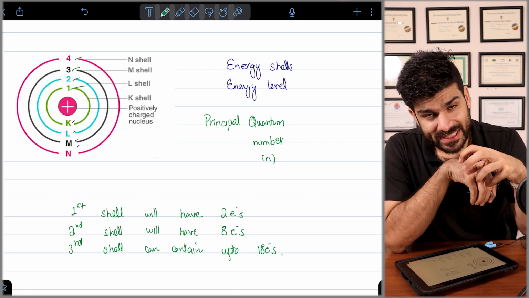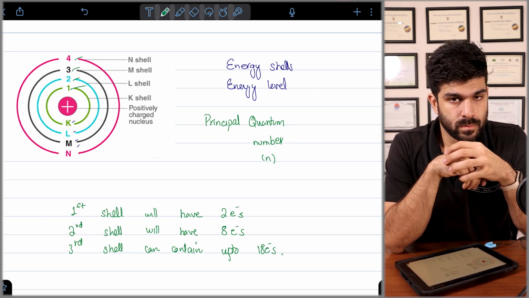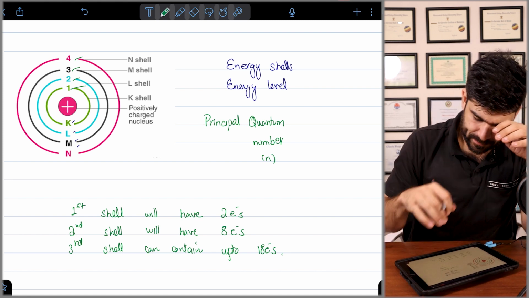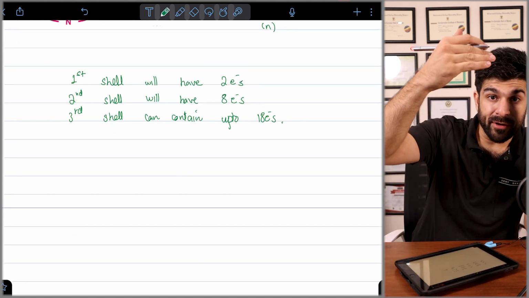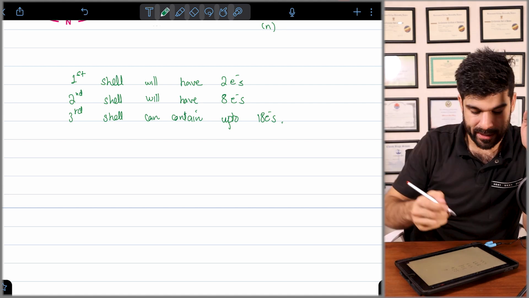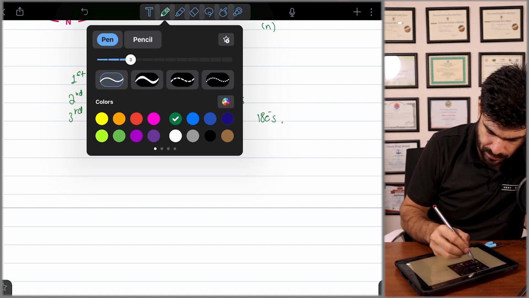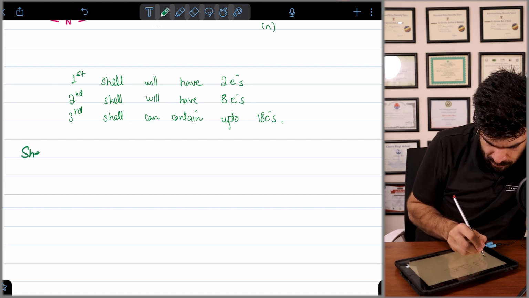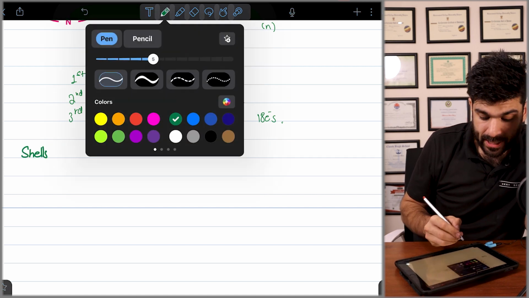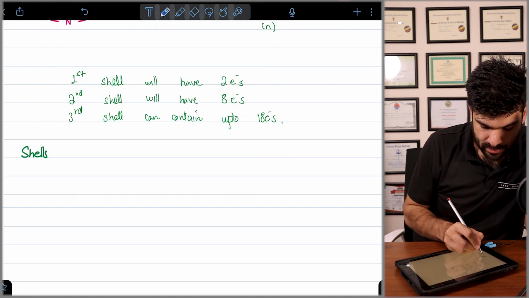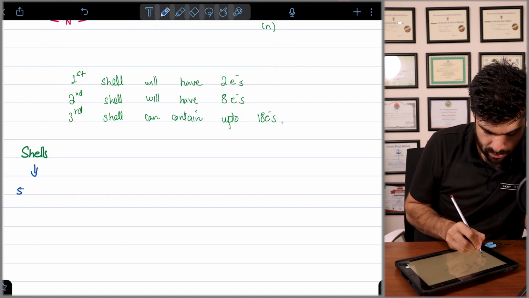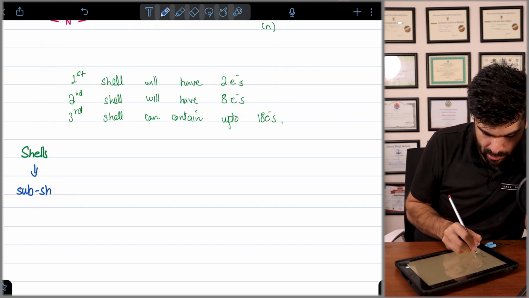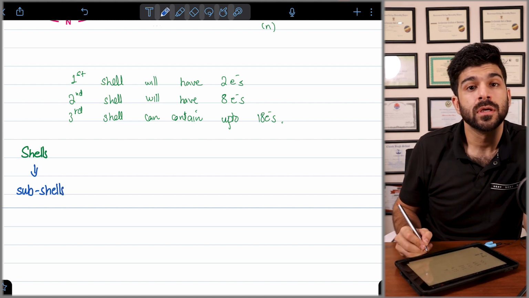So why is it that so? There is another concept. Now we are going to break them down again and again. First, we have shells. Shells contain subshells.